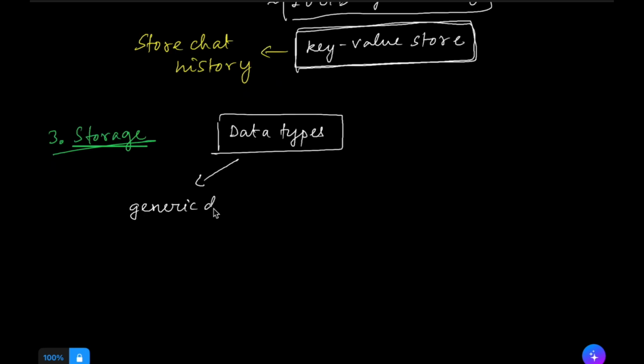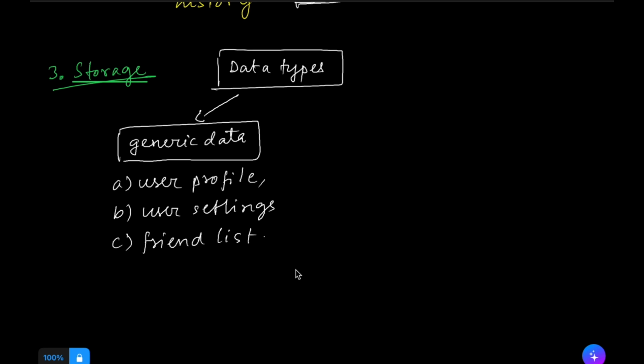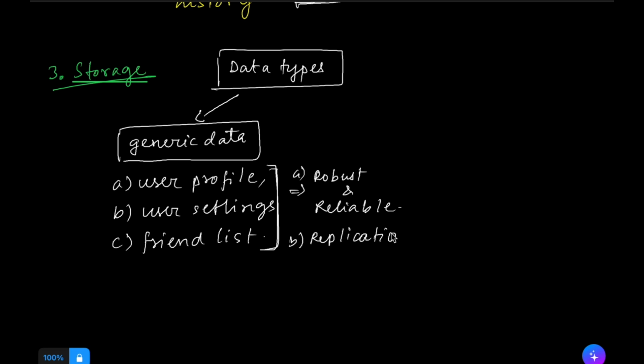By generic data I mean the user profile, user data, settings, user preferences, the friend list, etc. To support this kind of data, our database should be robust and reliable, and it should also support replication and sharding for high availability, faster access and scalability.